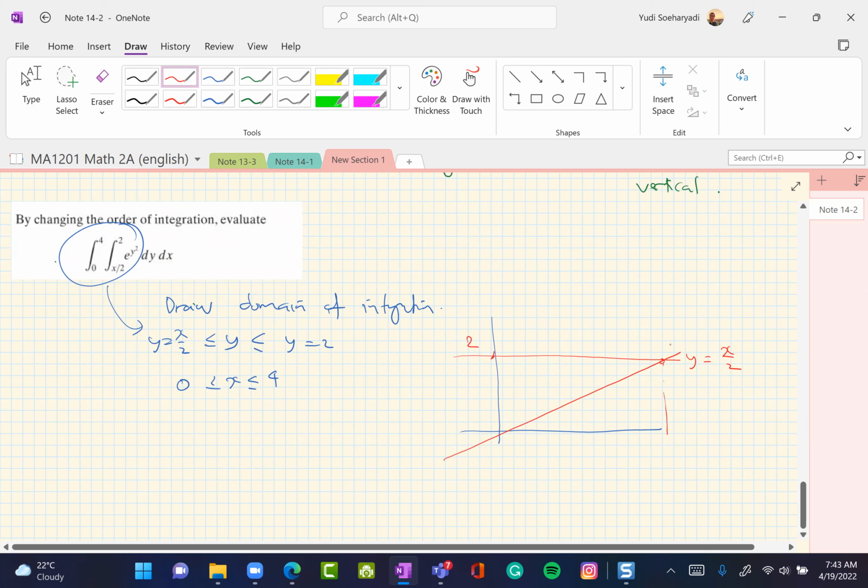So x goes from here to here. So this is the area. And then x goes from 0 to 4 in that direction, right?